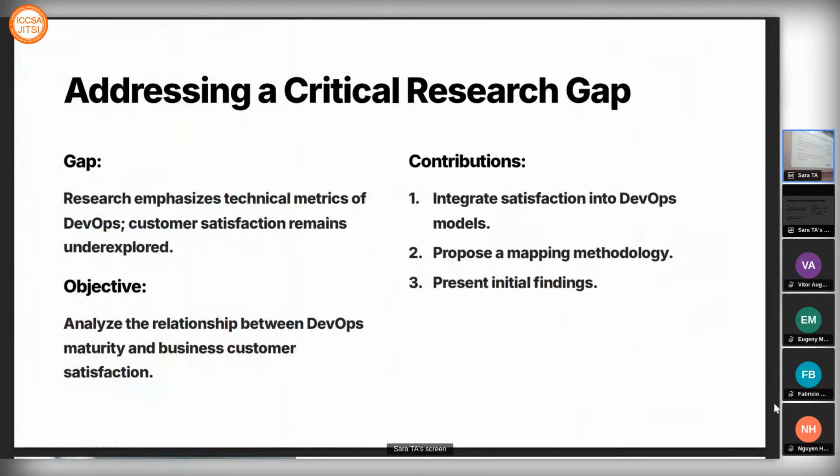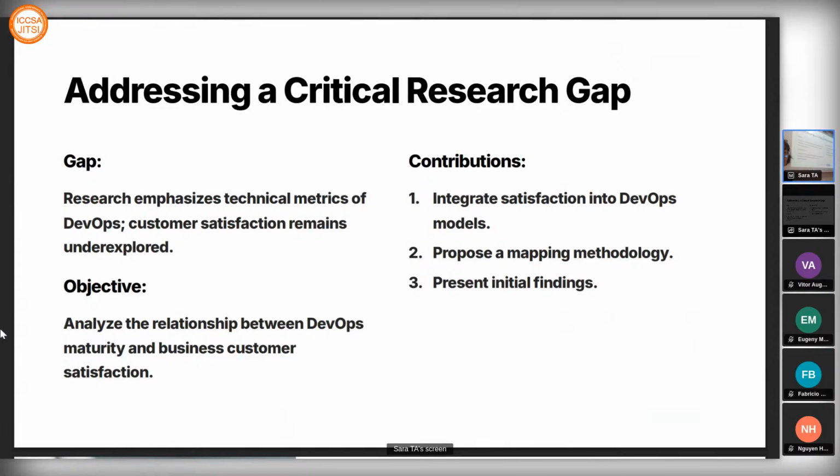What is our critical research gap? In the literature, you can find just the analysis of DevOps metrics. So the research emphasizes technical metrics of DevOps, but customer satisfaction remains underexplored. So what really happens when you apply DevOps development with customer satisfaction?